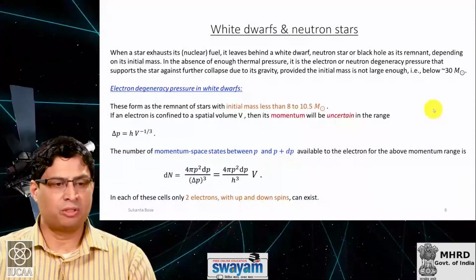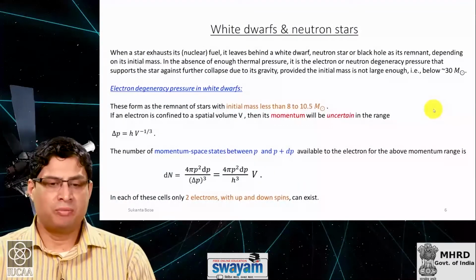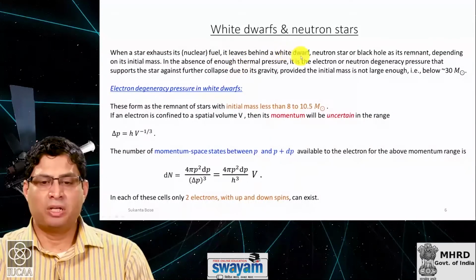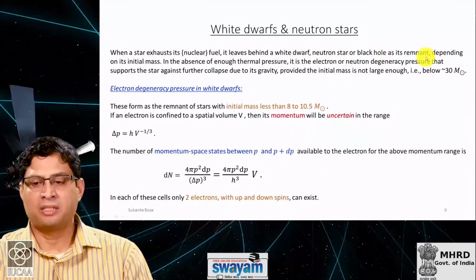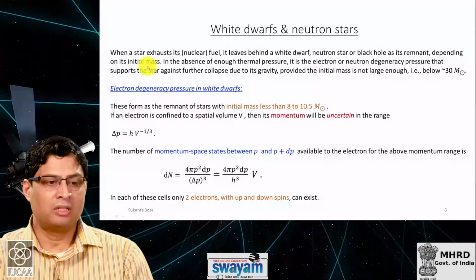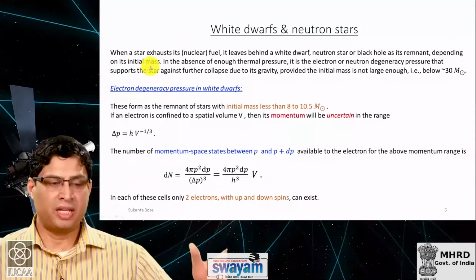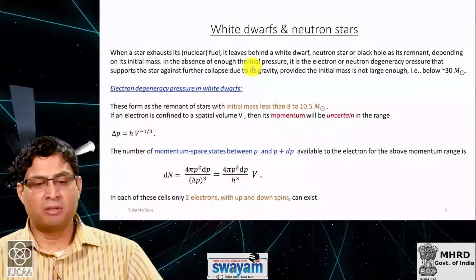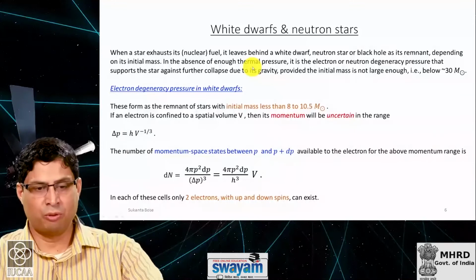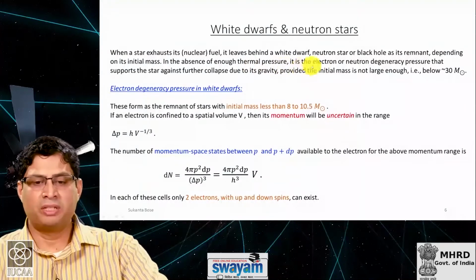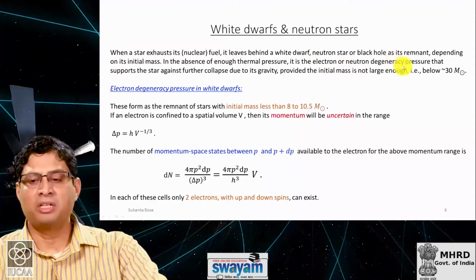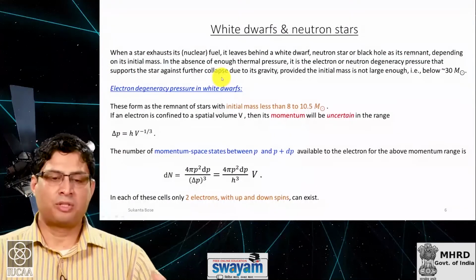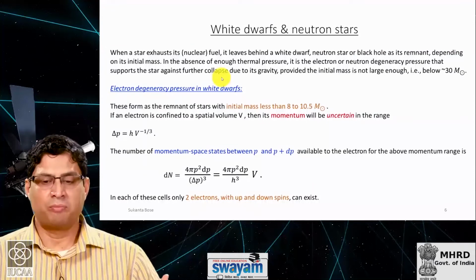So, white dwarfs and neutron stars, how do they form? When a star exhausts its nuclear fuel, it leaves behind a white dwarf, neutron star, or a black hole as its remnant, depending on the initial mass of that main sequence star. So, in the absence of enough thermal pressure, that is when the fuel is all burnt out, it is just the electron or the neutron degeneracy pressure that supports the star against further collapse due to its own gravity.